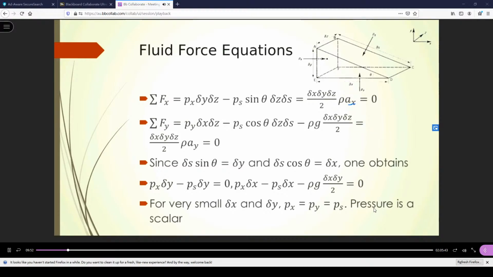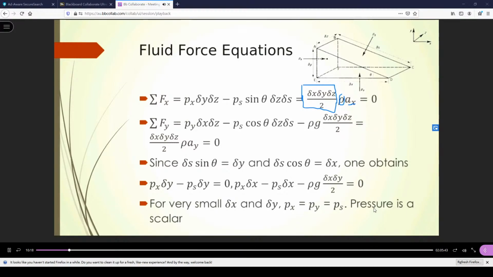This is the volume of the prism under consideration, and this is the density, which is assumed constant, because again, this is a very small component. So this density can be assumed constant within this region.